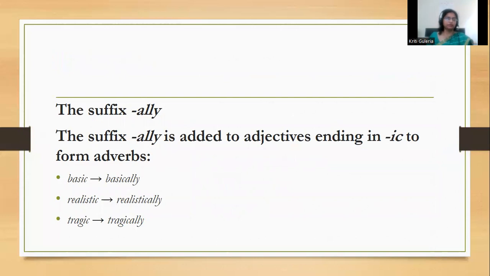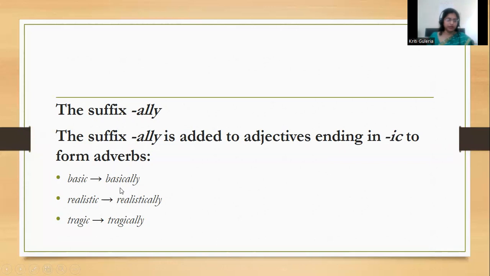Next comes the suffix ally. When any adjective is ending in ic, there we add ally as a suffix. Another thing to remember over here is that it usually goes with adjectives. For example, basic, ending with IC, by adding ally, this adjective becomes basically.